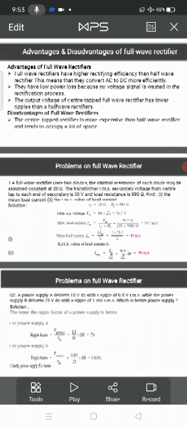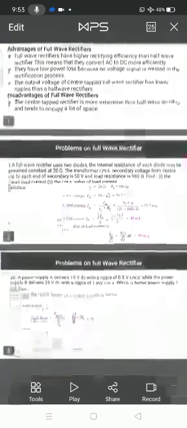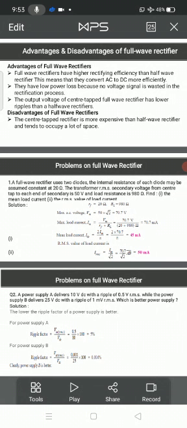the half wave rectifier. This is the disadvantage. It also tends to occupy a lot of space because we are using more components as compared to half wave rectifiers.